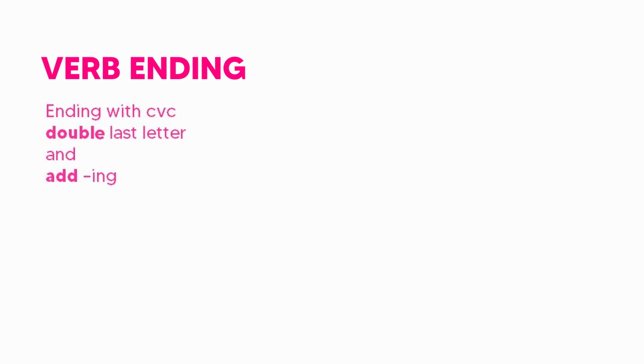And also, if the verb ends in consonant, vowel, consonant, we need to double the last letter. For example, with stop, we add an extra P and add ing. With run, we add another N and then add ing and it becomes running.